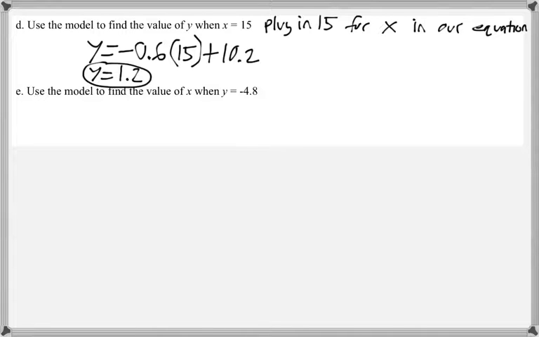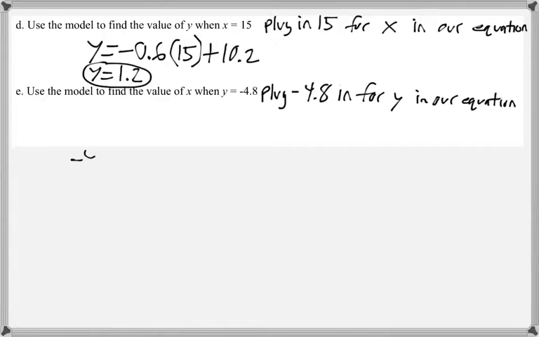Part E says use the model to find the value of x when y is equal to negative 4.8. Here, I want to plug negative 4.8 in for y in our equation. So I'm always referring back to that original equation of negative 0.6x plus 10.2. So this will be negative 4.8 is equal to negative 0.6x plus 10.2.